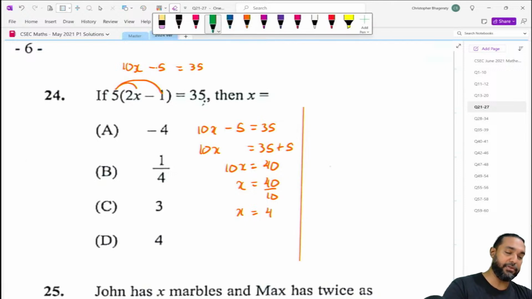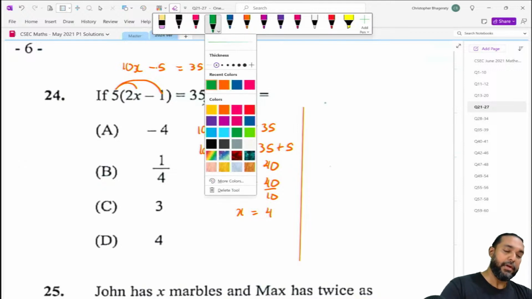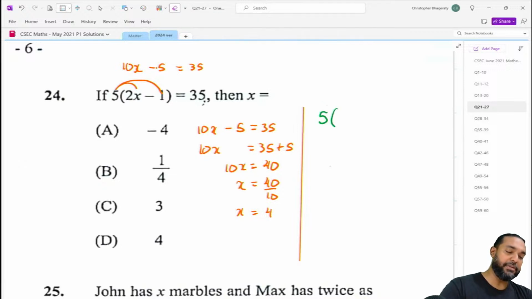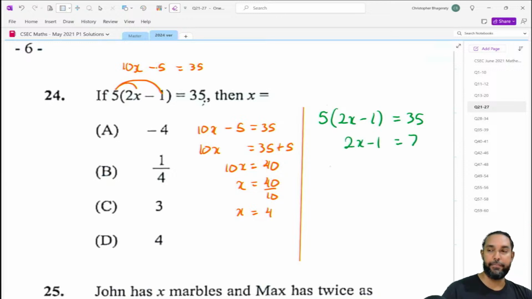But let me just offer up a different perspective. If I told you 5 multiplied by something is 35, if you think about your 5 times tables, what is 5 multiplied by to get 35? 7. Therefore, 2x minus 1 is necessarily 7.